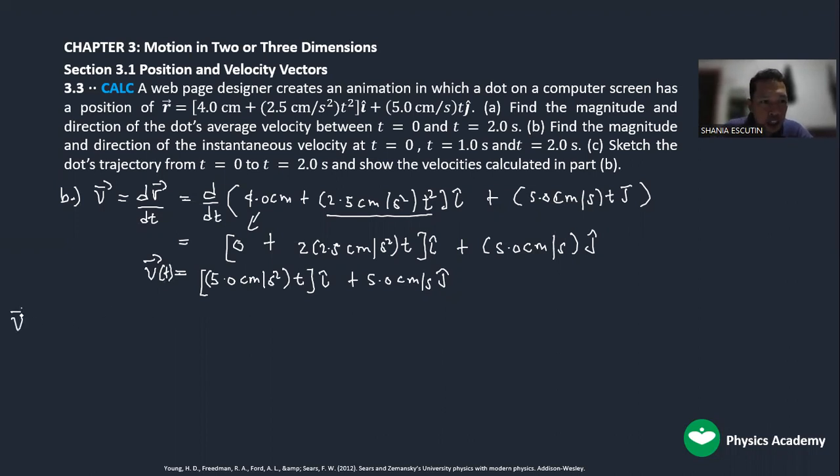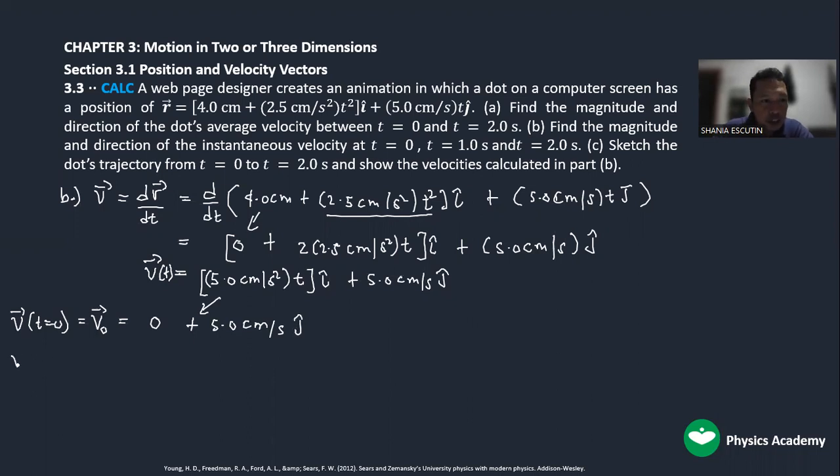So when t is equal to 0, we call this one v sub 0. If we substitute t equal to 0, the first term will become 0 and the second term will stay the same, plus 5.0 centimeters per second, j hat. Okay.